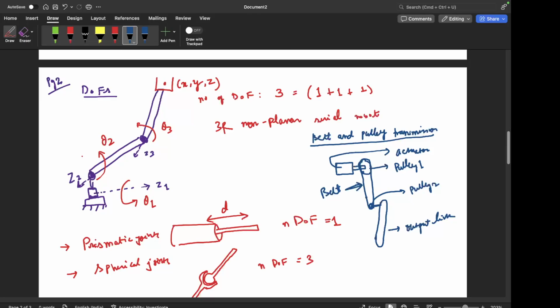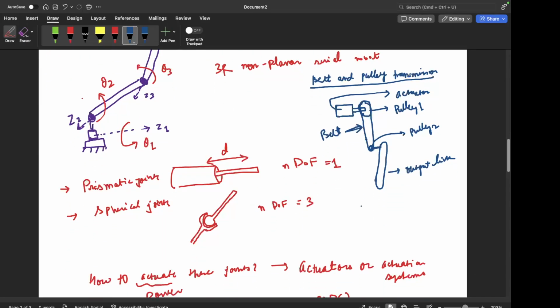Okay. So when the actuator moves, the pulley, which is attached rigidly onto the shaft of the actuator, also moves. If I draw a closer picture of the belt and pulley, generally belts have teeth like this, right?